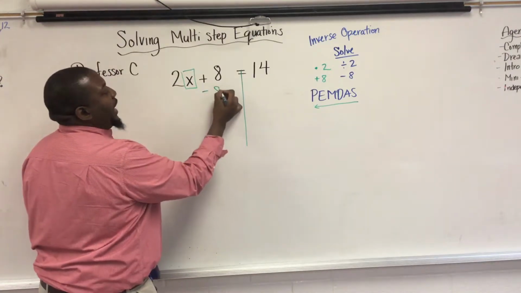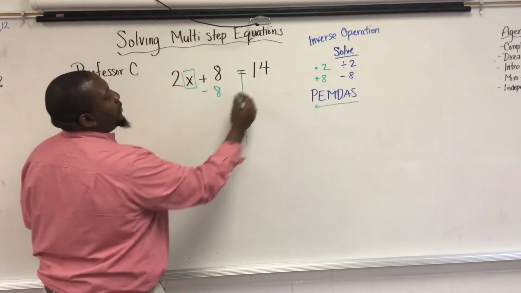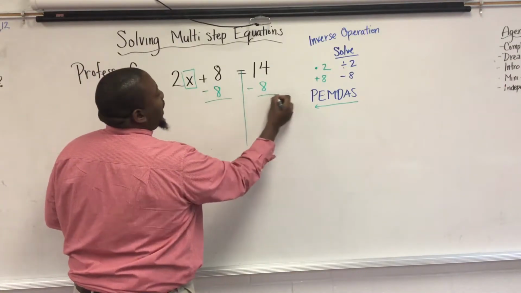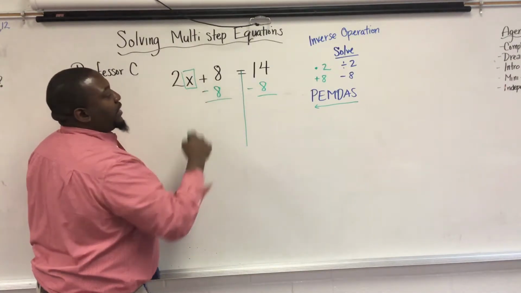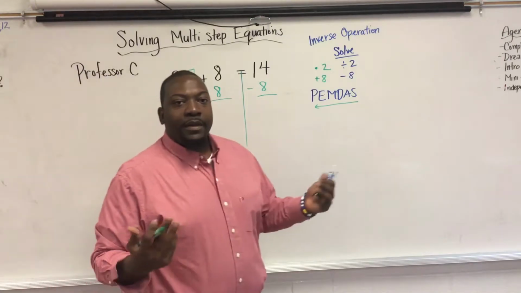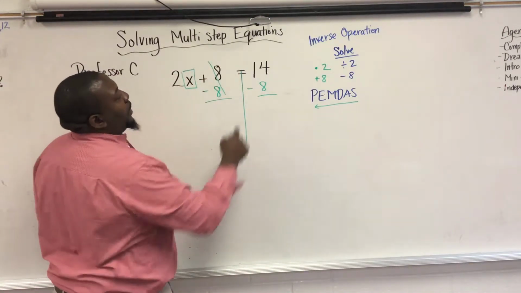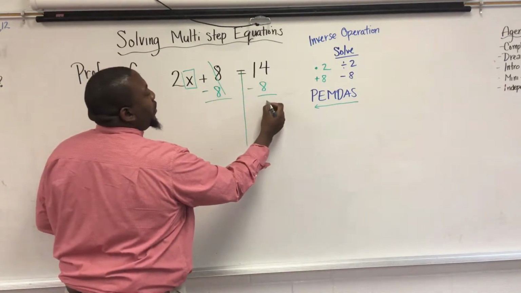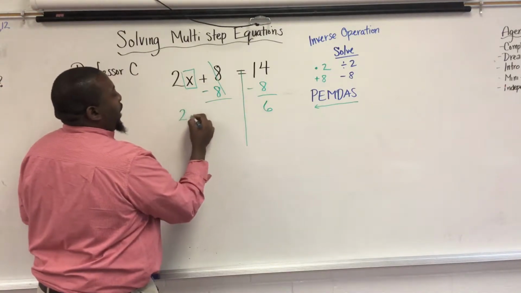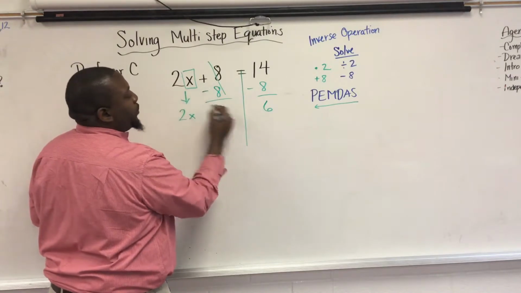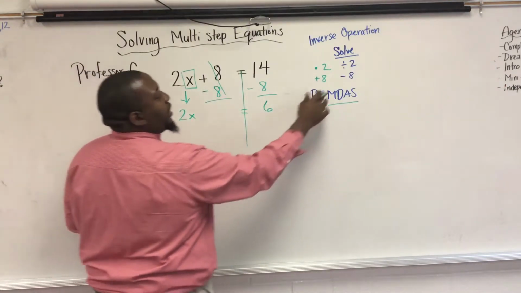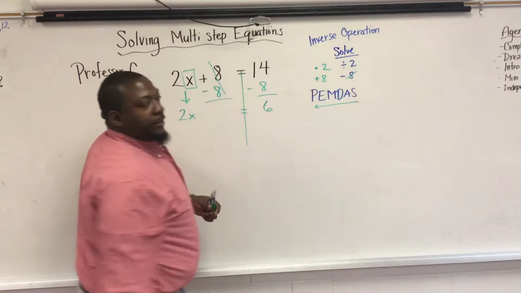So if I subtract 8, and I want to do that on both sides, my 8 minus 8 should cancel out or be 0. So I can cross that out. 14 minus 8, we know that to be 6. I bring down what I did not use, and now I do the next operation, which is what?